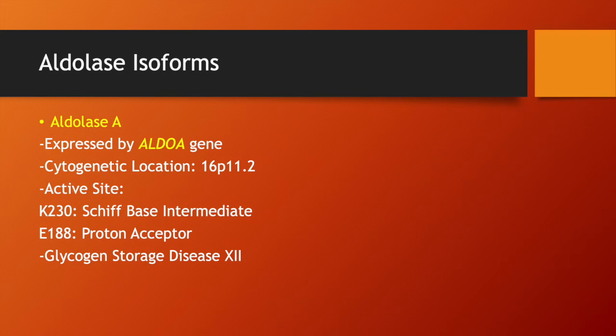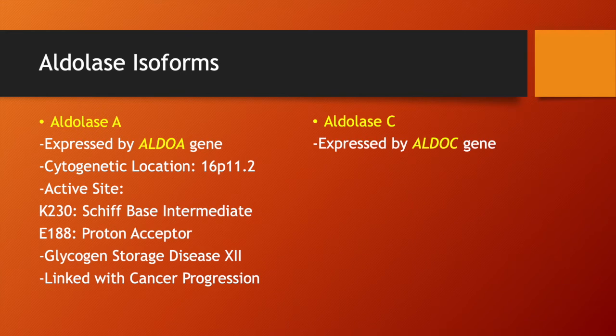Mutations in ALDOA lead to certain diseases, and an example is called glycogen storage disease 12. And also, mutations in ALDOA are linked with several cancer progressions. On the other hand, aldolase C is expressed by the ALDOC gene.